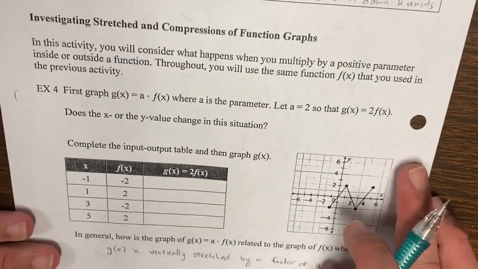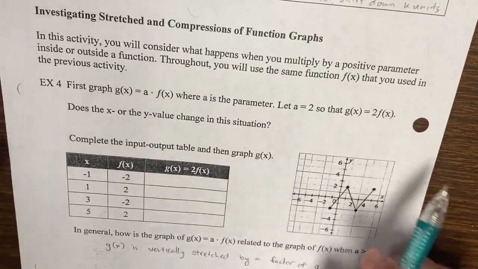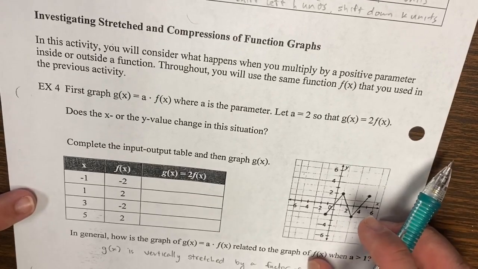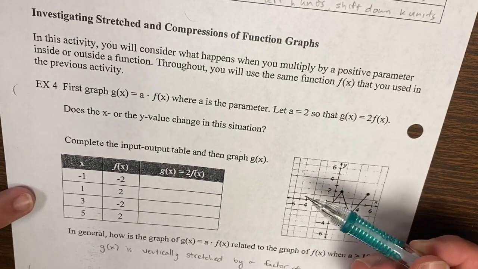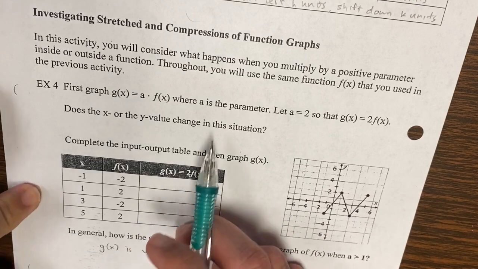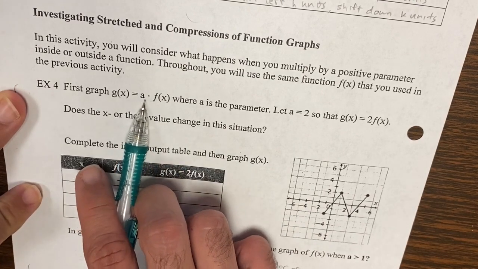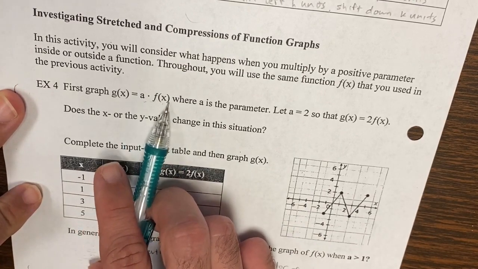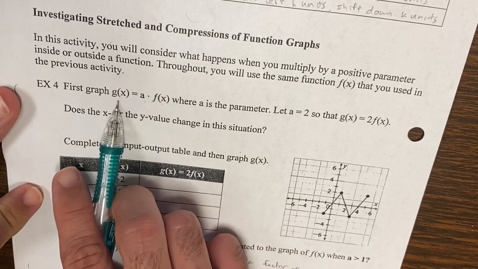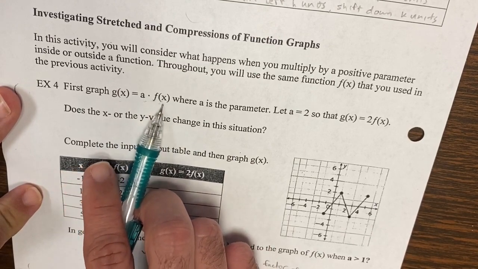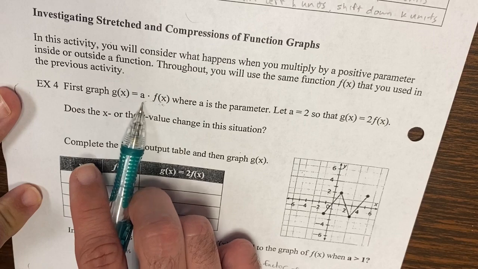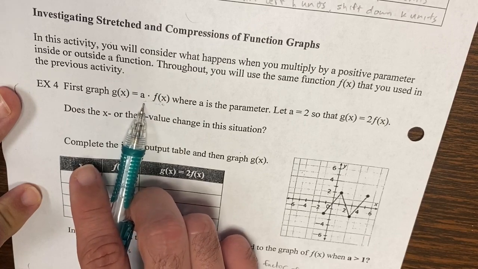All right, so next we're going to investigate stretching and compressing functions. All right, so we're going to look at if you have what we're going to call an a value multiplying your original function. So the graph of g of x is going to be related to f of x, except f of x is going to be multiplied by a.